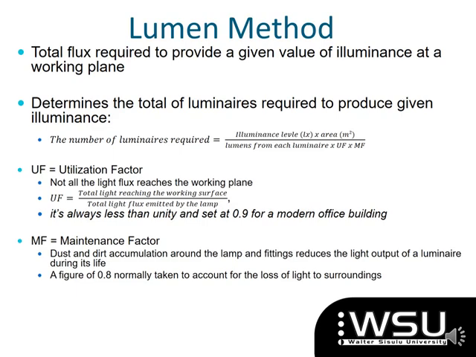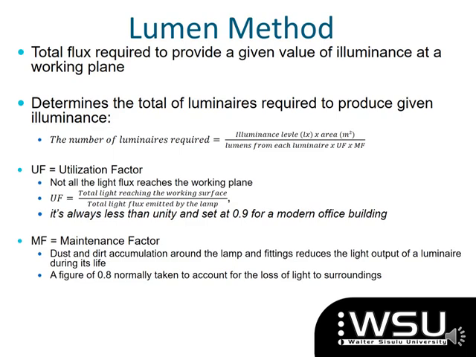The number of luminaires required is equal to the illuminance level multiplied by your area, divided by the lumens from each luminaire, and I multiply by two constants, a UF and an MF.